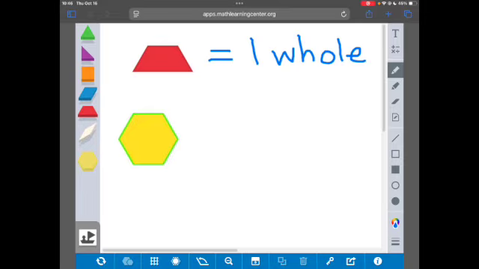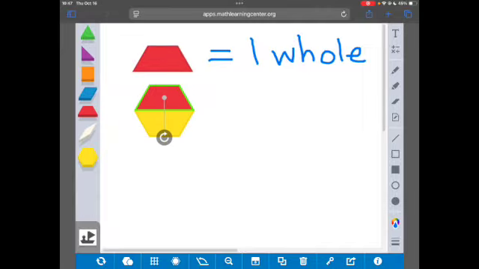For example, the yellow hexagon. Okay, if the red trapezoid equals 1 whole, now the yellow hexagon is going to have a different value. This is 1 whole. Well, 2 red trapezoids make up the yellow hexagon. That means that the yellow hexagon is going to be worth 2 wholes.